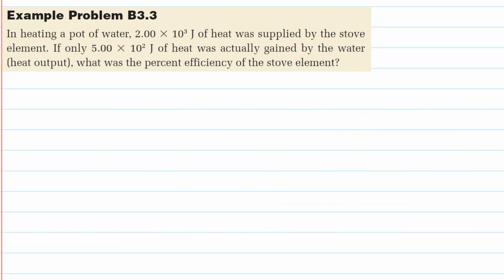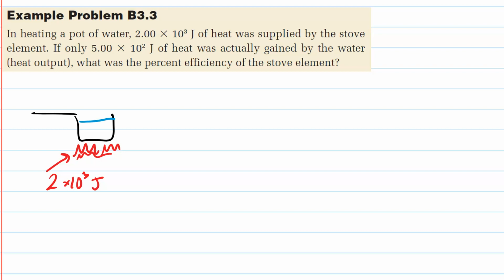And last example, we have a pot of water that's being heated up. 2 times 10 to the 3 joules of heat was supplied by the stove. So if you had a pot and it's on a stove, this red stuff is supposed to be fire, then the stove is giving the pot 2 times 10 to the 3 joules of heat.